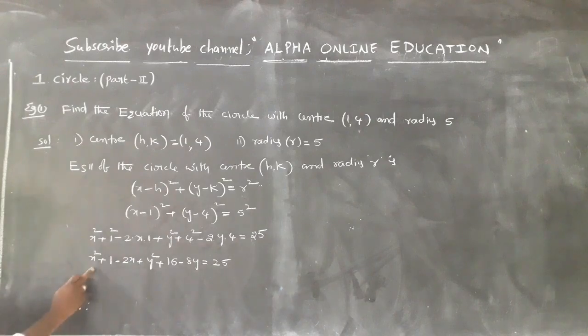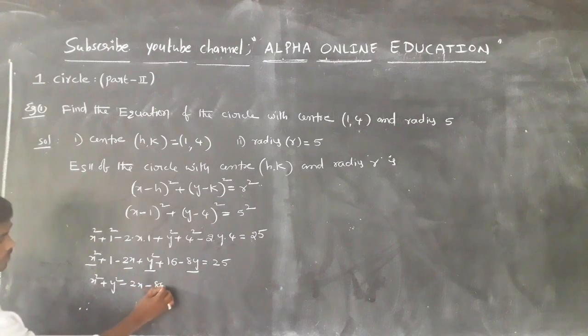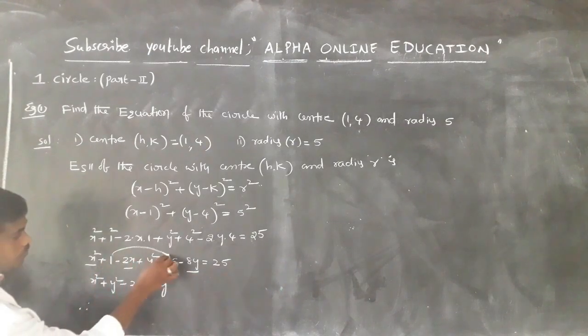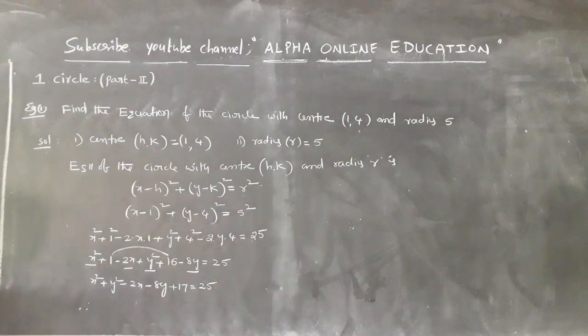Right order. First x square term, next y square term plus y square, next x term minus 2x, next y term minus 8y. Again constant 1 plus 16, 17, is equal to 25.